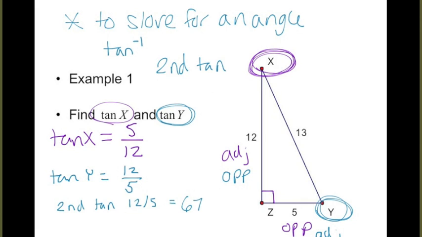The word degree needs to be the one that is dark. So use your arrows to go down and get on top of the word degree and press enter to make it dark. Degrees instead of radians. If you got 1 point something something instead of 67, go into mode, change it so the word degree is dark, and then if you reevaluate it, you should get the correct answer now.